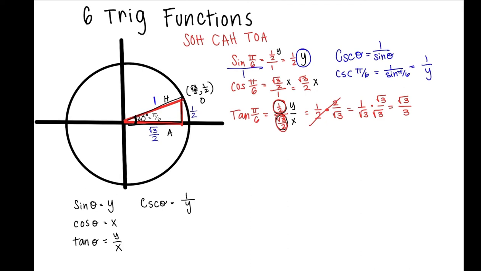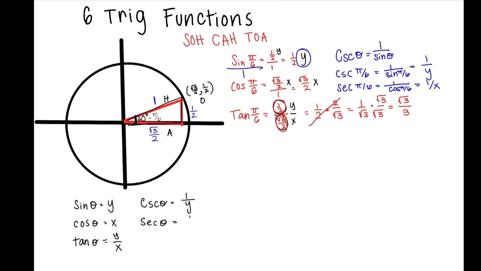Now, following along, we're going to have secant as our reciprocal of cosine. So secant of pi over 6 would be 1 over cosine of pi over 6, which we know is going to be 1 over our x value. So let's summarize that one below too.